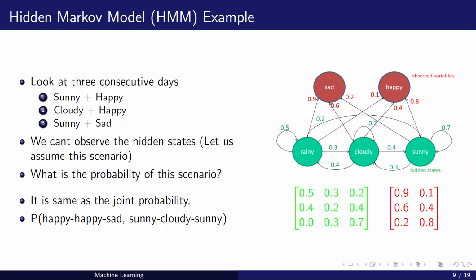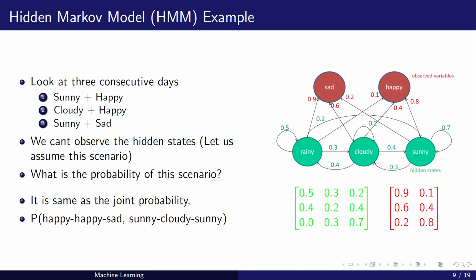Now let's see how we can learn the hidden chain or hidden sequence from an observable sequence. Let's say you are given 3 consecutive days of the weather and its observable variable values.